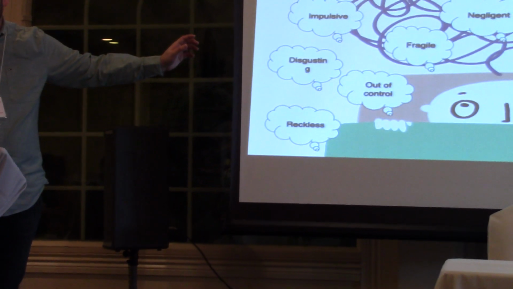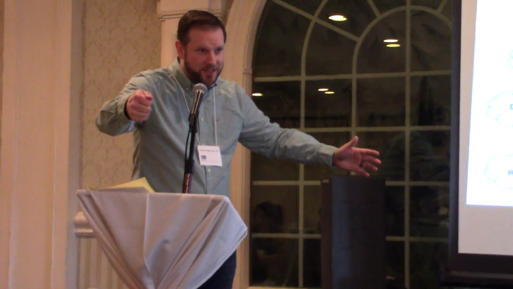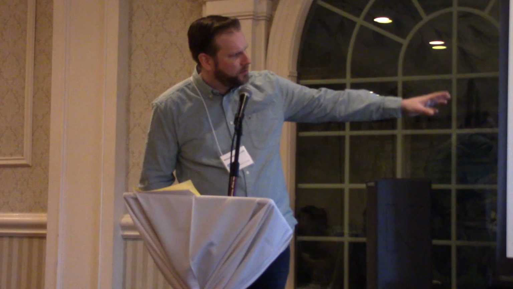I could just lose control of this. I'm just sad people. Right? I'm fragile. I'm the kind of person who's just fragile or out of control, negligent, irresponsible, unprepared, immoral, stupid, oblivious, careless, irresponsible. I may have repeated some. And these are just a small spattering of what clients can come up with.